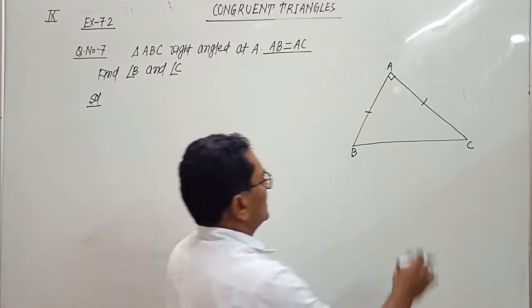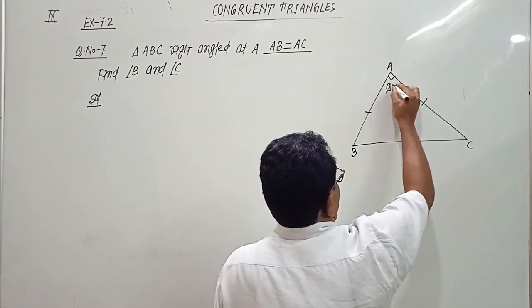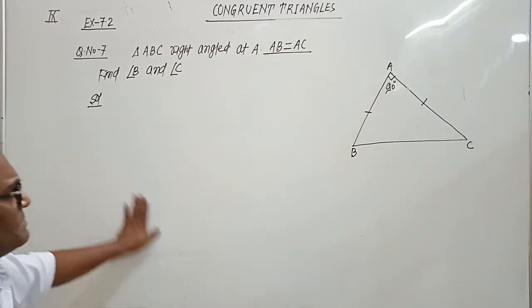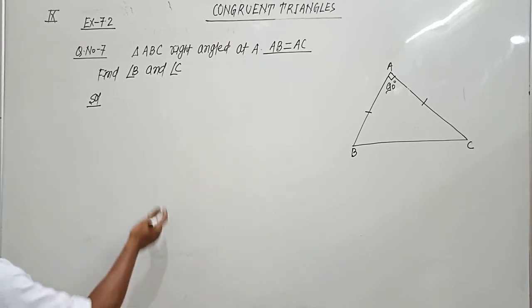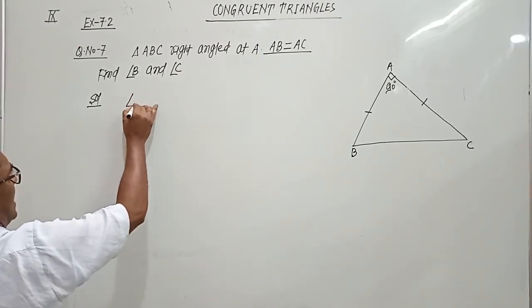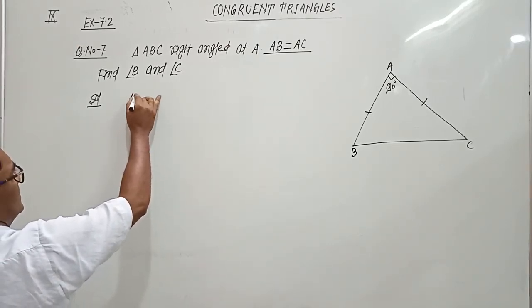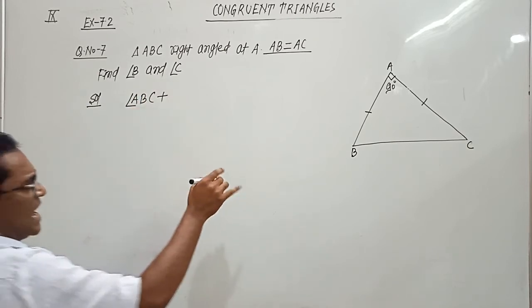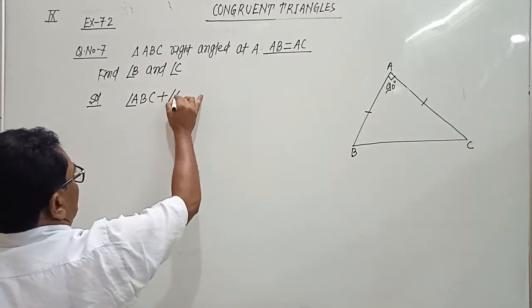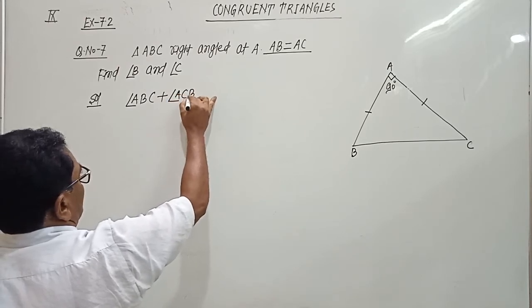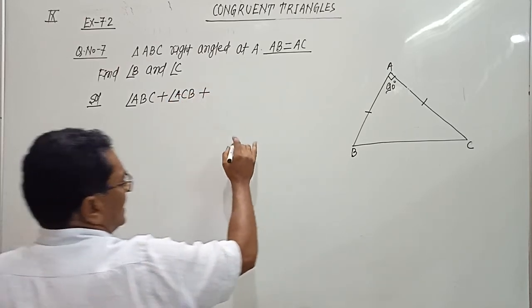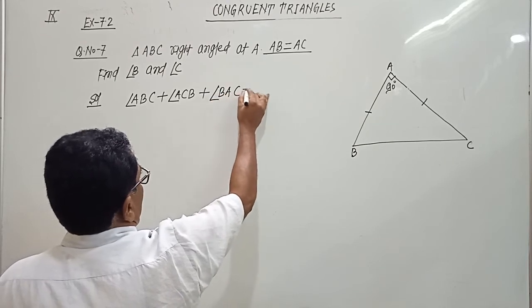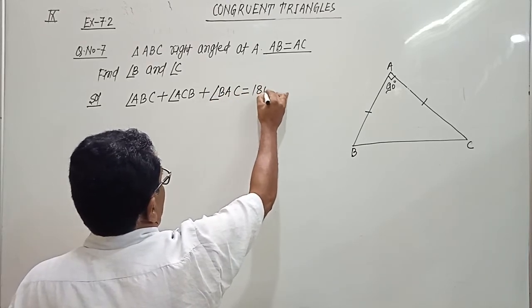So angle A is 90 degree, and we use the angle sum property that angle ABC plus angle ACB plus angle BAC is equal to 180 degree.